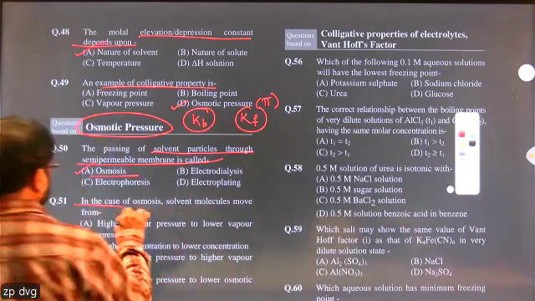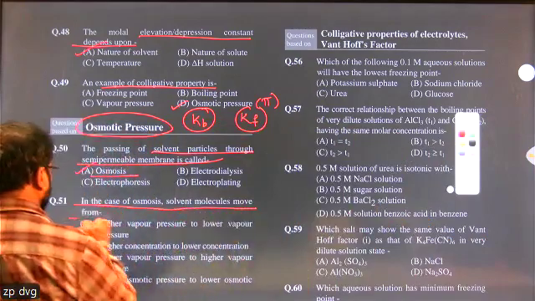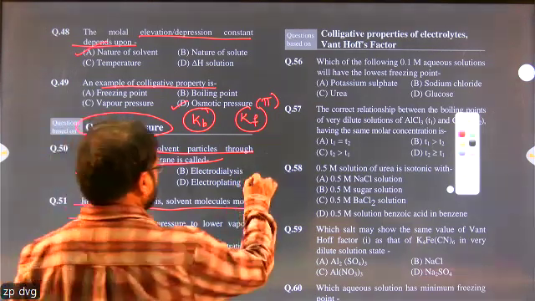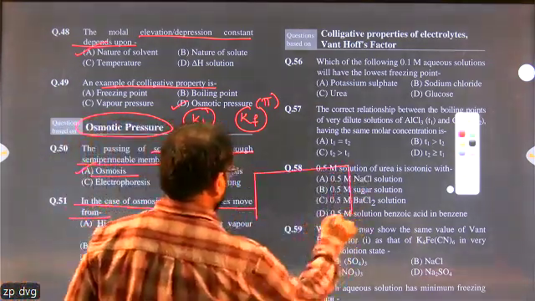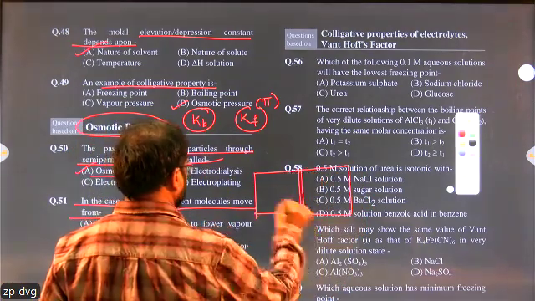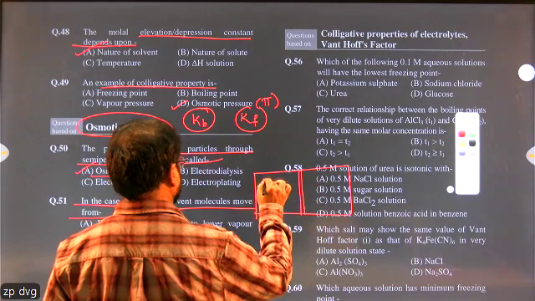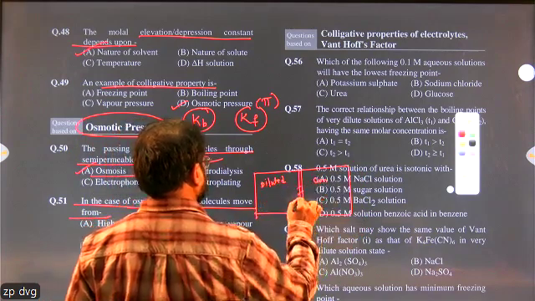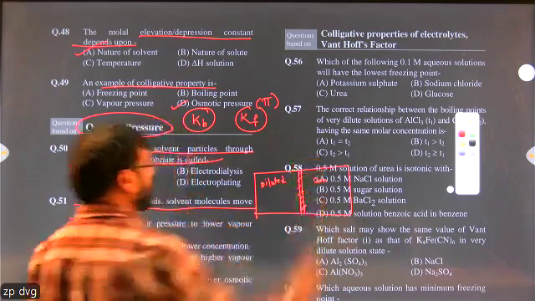In case of osmosis, solvent molecules move from... this is a very important question. Osmosis occurs whenever a diluted solution and a concentrated solution are separated by a semi-permeable membrane.